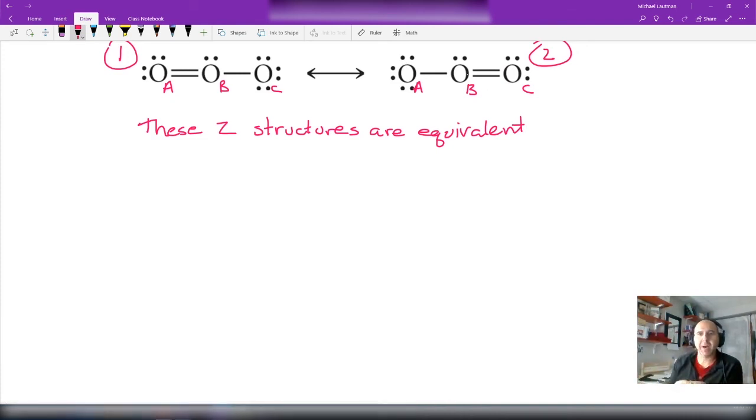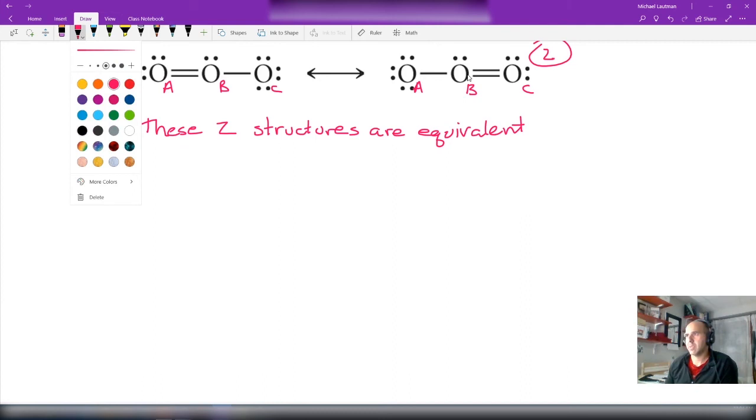When we measure bond lengths in ozone, we find that both oxygen-oxygen bonds are the same length, and they're actually right in between. In terms of the bond lengths, they fall right in the middle between a single bond and a double bond. All right? So basically what happens is the real molecule exists as a hybrid, or almost an average.